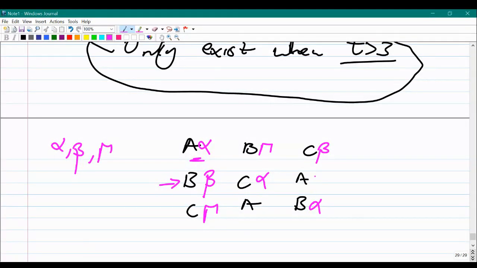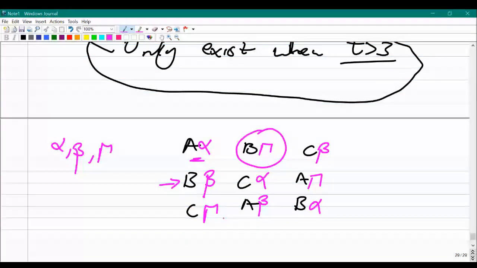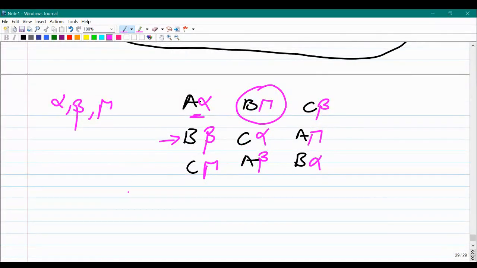Gamma on A. Beta on A. So let's see. Alpha, beta. Let me do it like this.